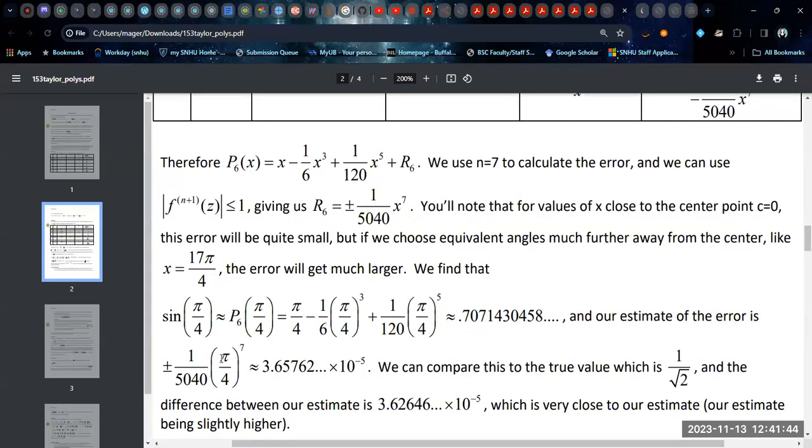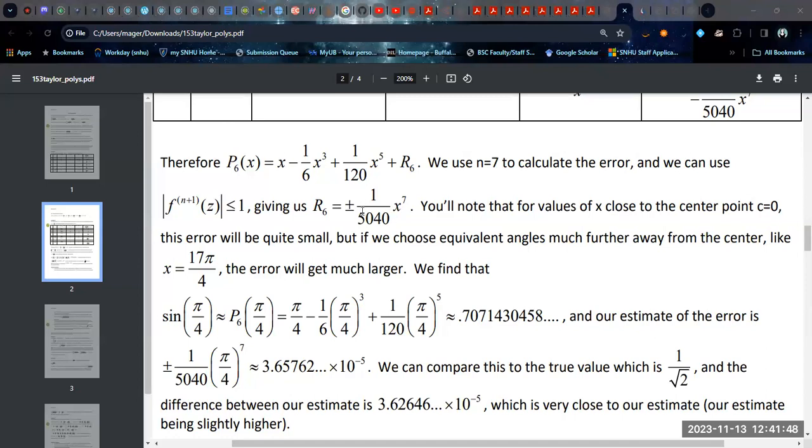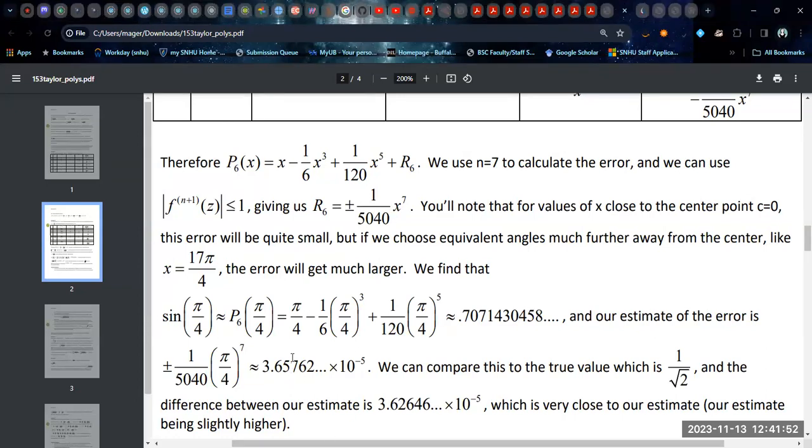And then we can calculate our error by plugging pi over 4 to the 7th into our error term. And this is very similar to the true value of the error when you compare this to 1 over the square root of 2. Now we are making an estimate, so the error estimate is slightly larger than the true actual error, but that's to be expected because it's an estimation.